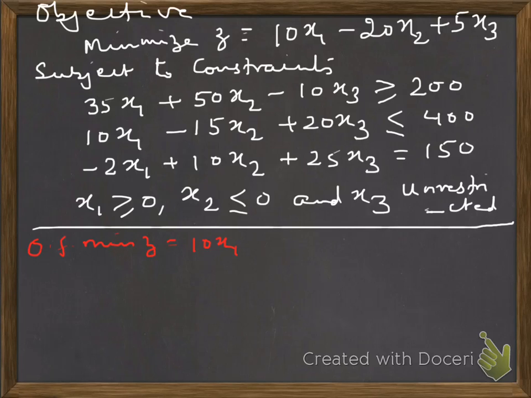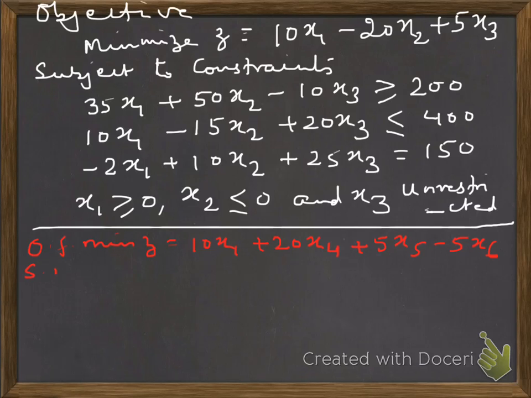For x2 we will be substituting minus x4, so we get plus 20x4. For x3 we will be substituting x5 minus x6, so we get 5x5 minus 5x6.